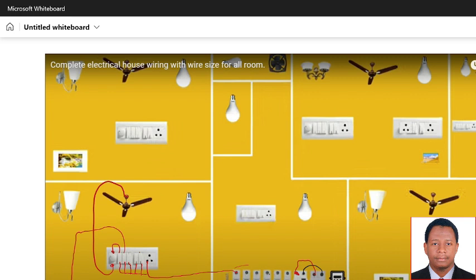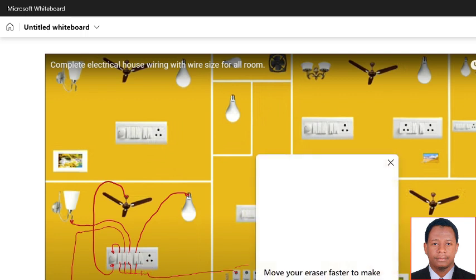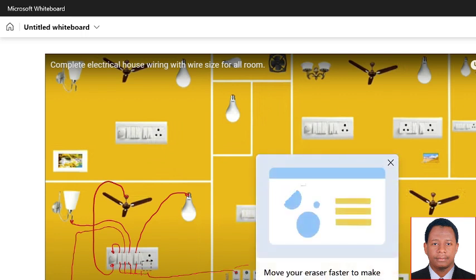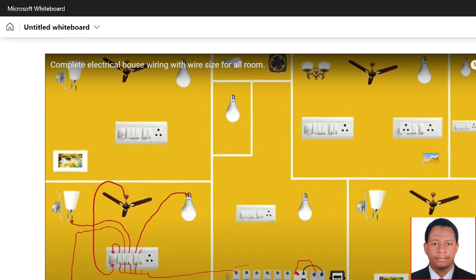Now this switch is going to control our decoration, and this switch is going to control our light. Now remember this one. This one will control our socket. That's why this one should not be connected to here. Why? Because the live will connect through this switch. I'll connect from here and take from the switch to our live.